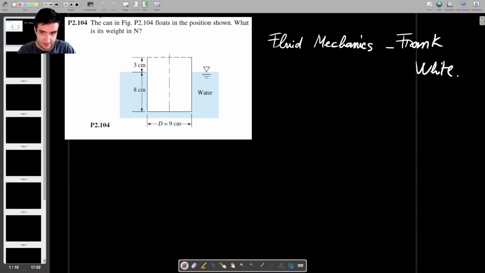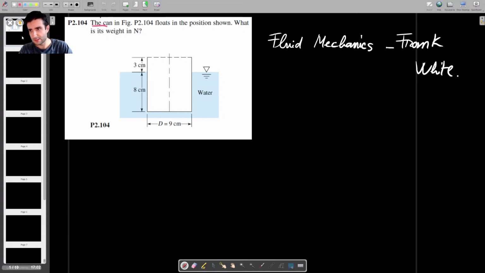Anyway, let's go over this question and see how we can approach it. Pretty straightforward stuff. It says that the can in this figure is floating in the position shown in 2.104, so in the diagram that we see here. The question is, what's the weight in newtons? The only thing we know is related to the diameter of the can.